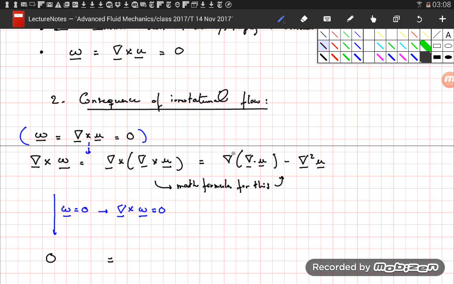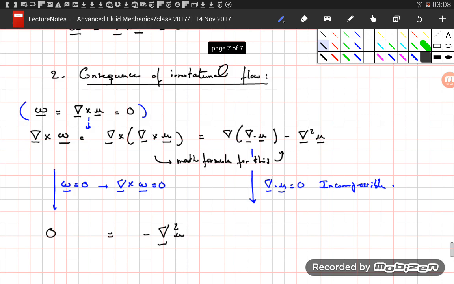And on the right-hand side, we have the gradient of the divergence of u. But if the flow is incompressible, then the divergence of u is equal to 0, because we assume that the flow is incompressible. So here we're left with just the Laplacian of u is equal to 0.